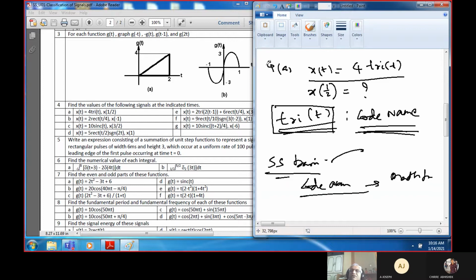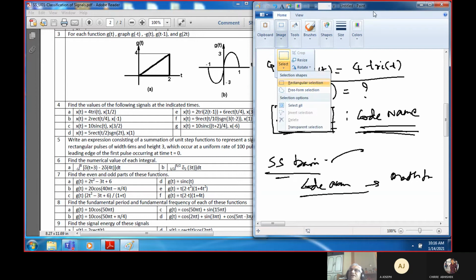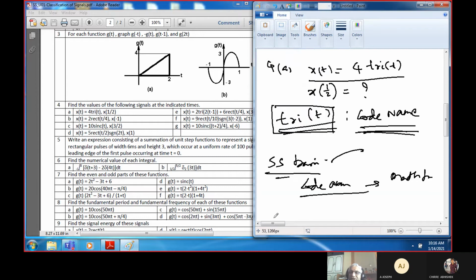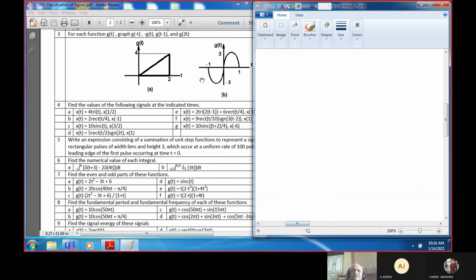So to do that, what we will do is we'll first remove all this, or we'll go to the next position here. Let us leave it like this. Now let us carefully look at the fourth problem. What is the code name given for a special function in A?